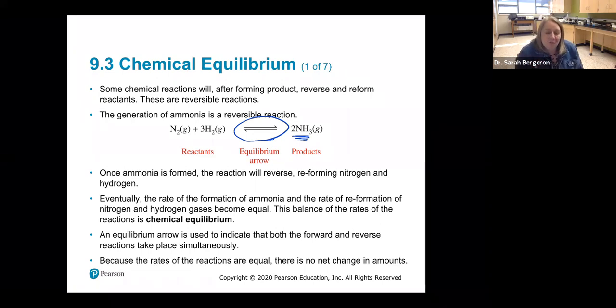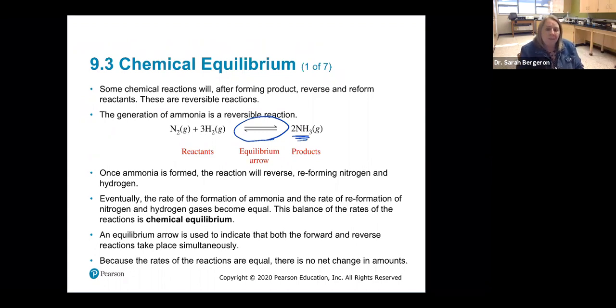And so eventually, if you let this reaction go, the rate of formation of ammonia and the rate of reformation of nitrogen and hydrogen are going to become equal. And that balance of rates of reactions is the chemical equilibrium. That's the number of players leaving the court and the number of players coming onto the court.